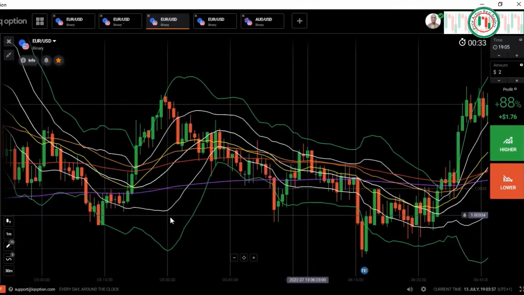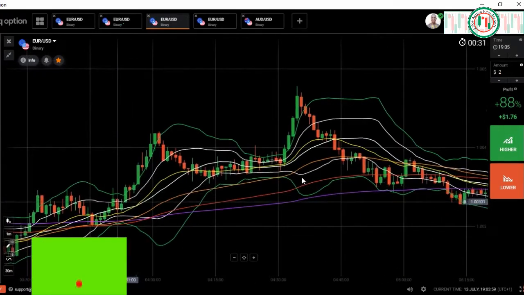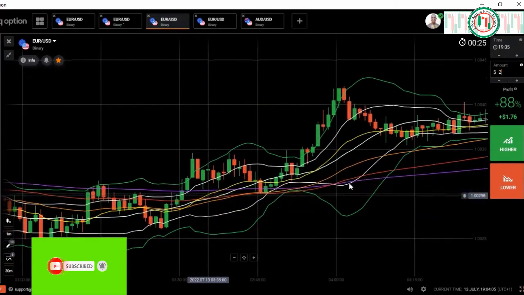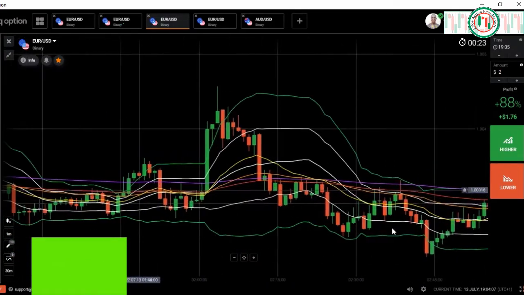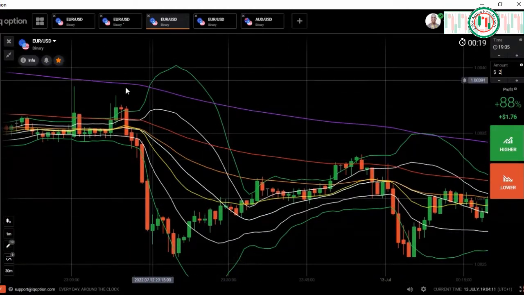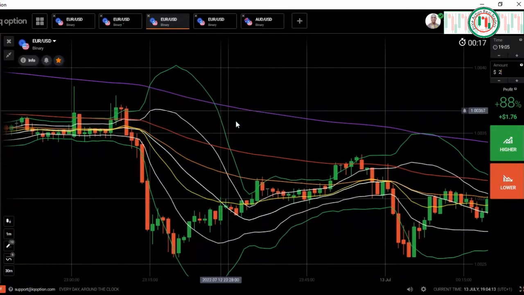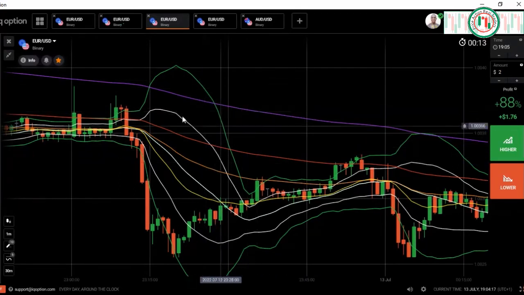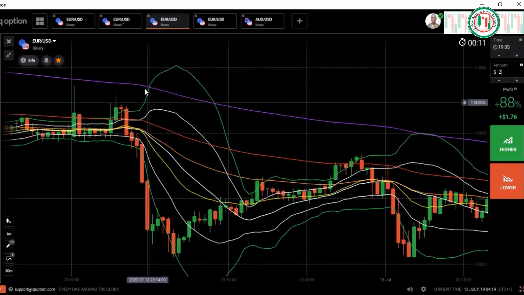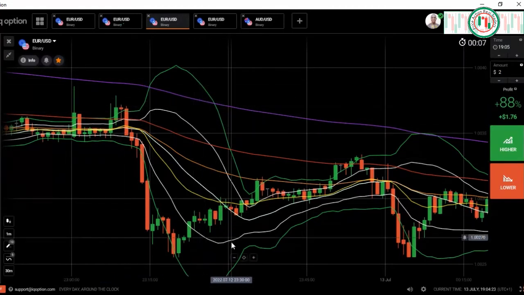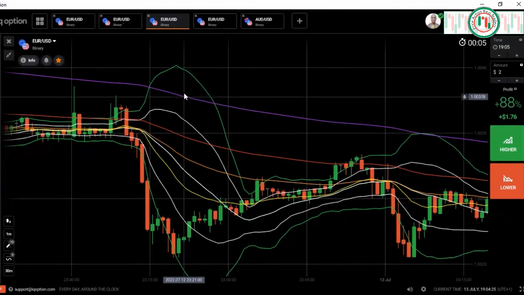If you are in a strong trend, as I have told you, if you are using EMA, it's easy to identify a strong uptrend or strong downtrend. You can see the alignment of the EMA. Like now here, you see this is a strong downtrend because of the EMA alignment.